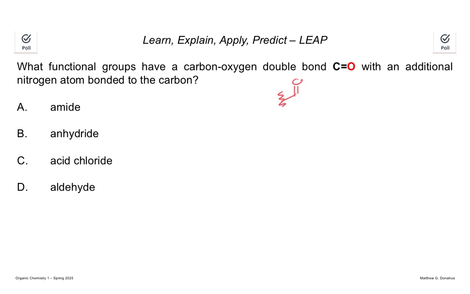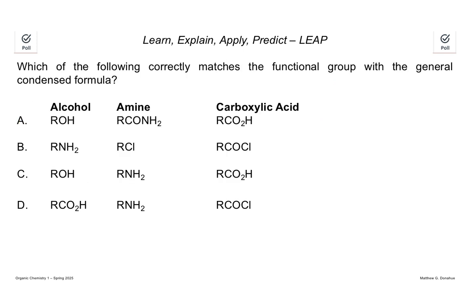So now we're looking at carbonyl bonded to nitrogen. What was the name of that? So amide. The amide must have that collection of elements with that bonding pattern. So we're going to use the abbreviation R for everything else in the molecule.